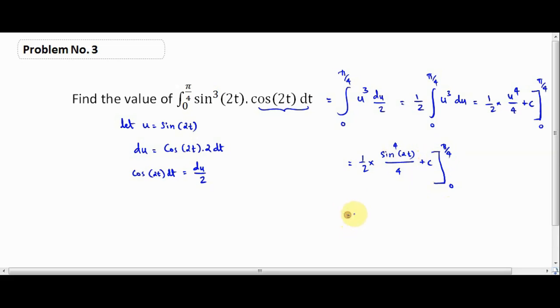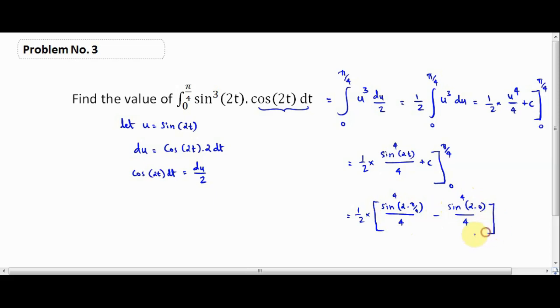So we get 1 by 2 into (sine 2 into pi by 4) whole raised to 4 divided by 4 minus (sine 2 into 0) whole raised to 4 by 4.